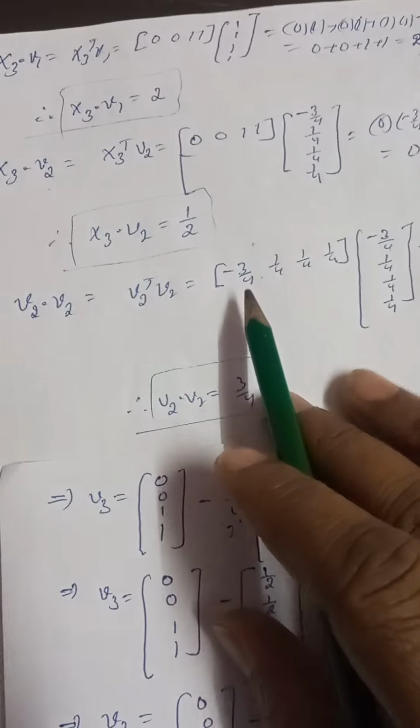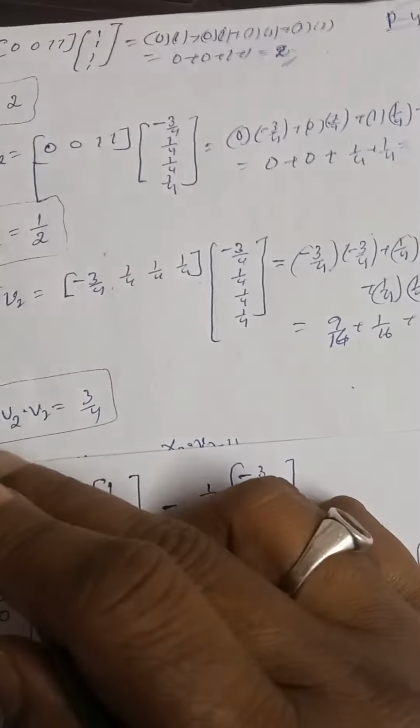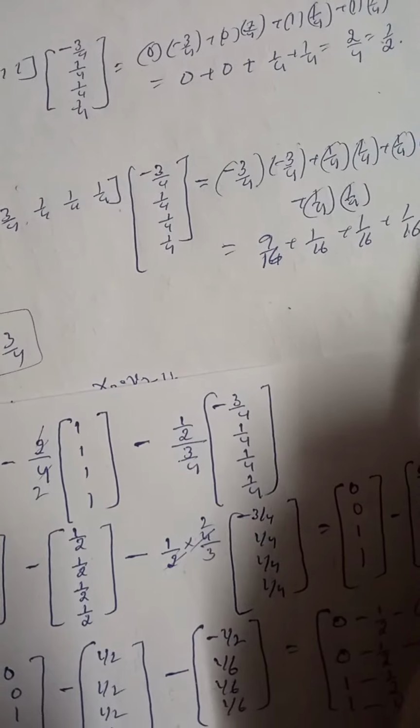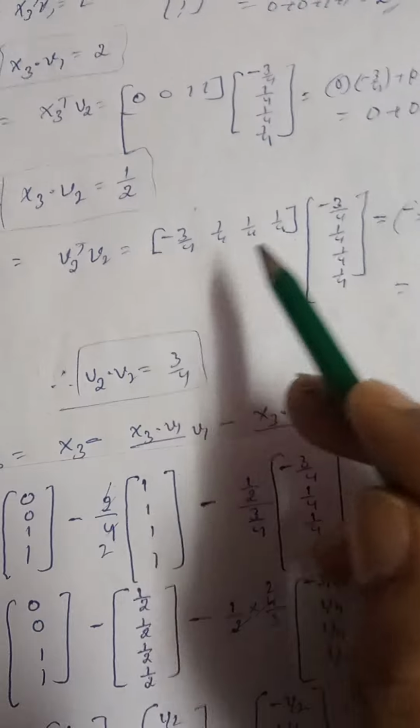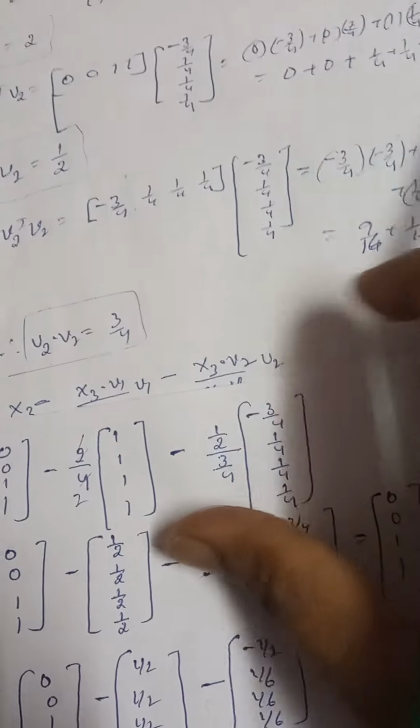That value is equal to 1 by 2. Now we need V2 dot V2, which is 12 by 16, meaning 3 by 4. V1 dot V1 we already calculated, no need to find again.